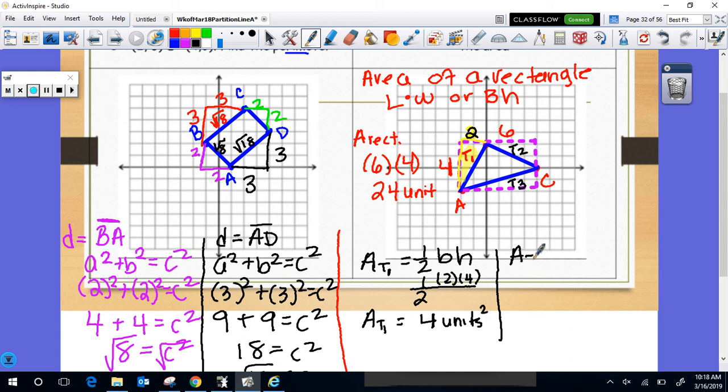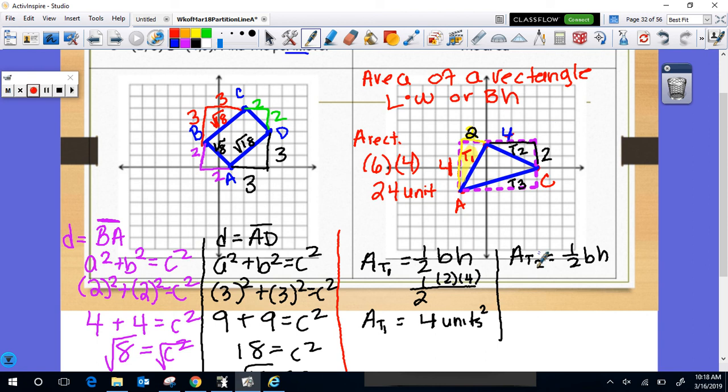And now if we do triangle 2, we're going to use the same formula, 1/2 base times height. I'm going to do that one in black. So the height here is 2, or you can call it the base. And this side here is 1, 2, 3, 4.